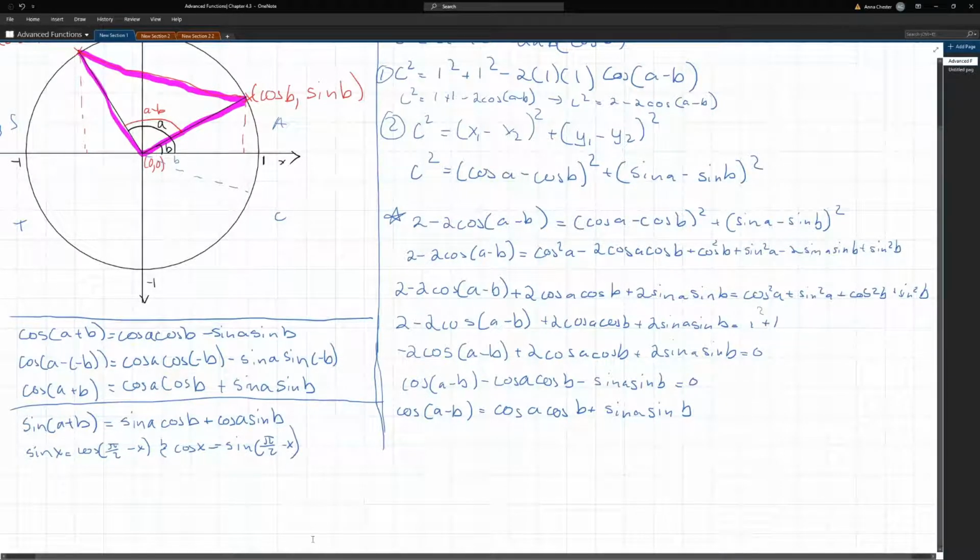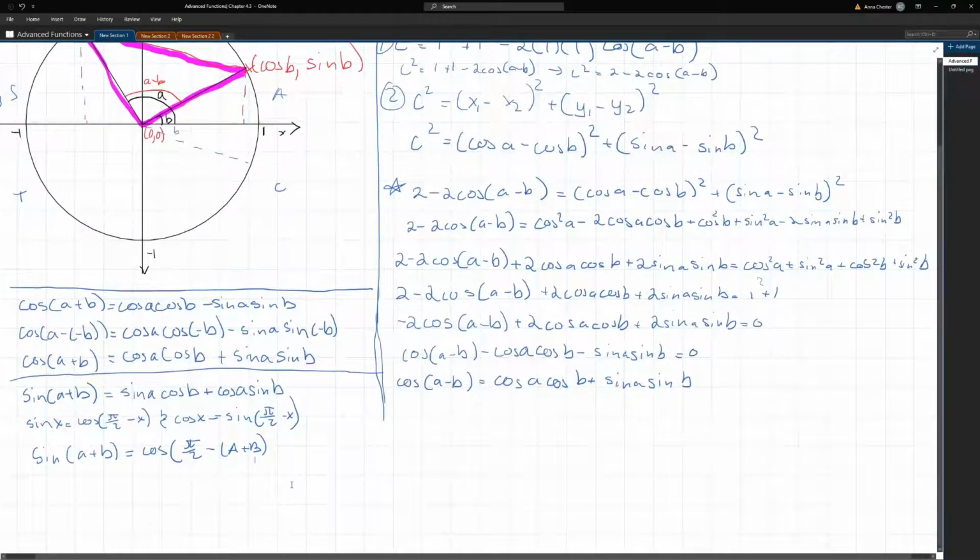So from these identities, we could rewrite what sine(A plus B) equals. Sine(A plus B) is the same as cos of (pi over 2 minus (A plus B)), which we could rewrite further.